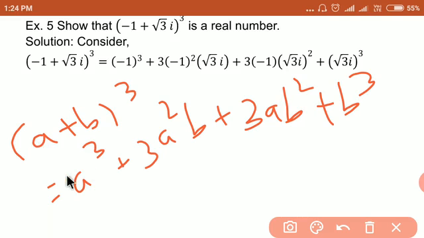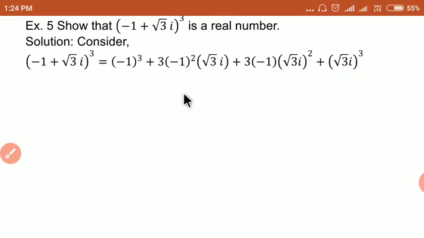Here if we compare, the value of a is minus 1 and the value of b is root 3i. So using this formula, the value of minus 1 plus root 3i bracket cube is equal to minus 1 cube plus 3 into minus 1 square multiplied by root 3i plus 3ab square, means plus 3 into minus 1 into root 3i bracket square, plus b cube, means root 3i bracket cube.